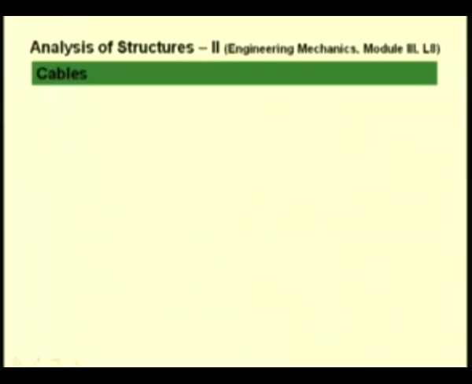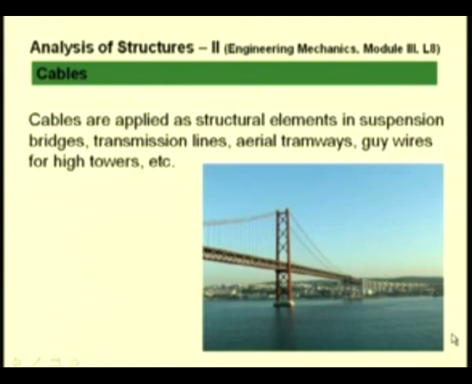Some examples of cables are the suspension bridges, transmission lines, aerial tramways, guy wires for high towers, etc. In this picture you see a bridge that is being supported by these cables. So, this is the suspension bridge. You have these vertical cables tied to the platform of the bridge and supported by these cables.